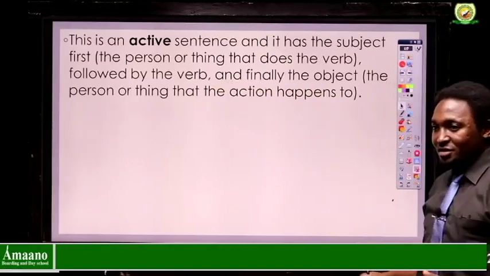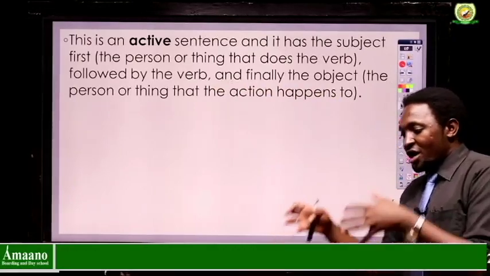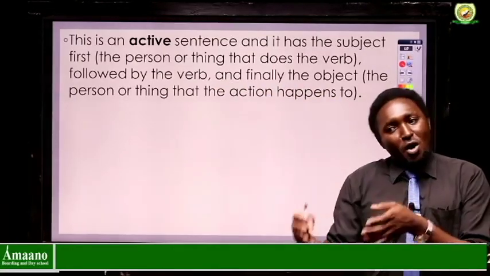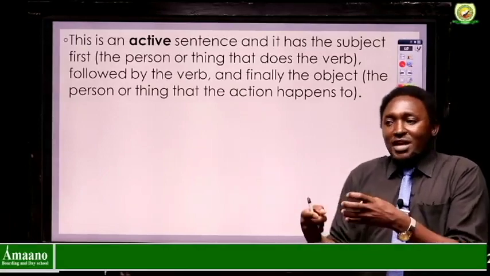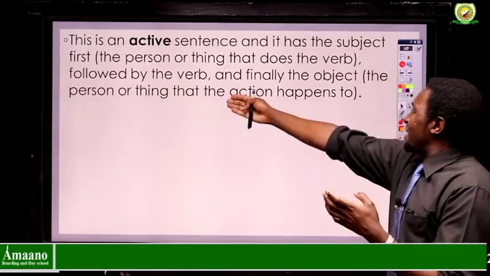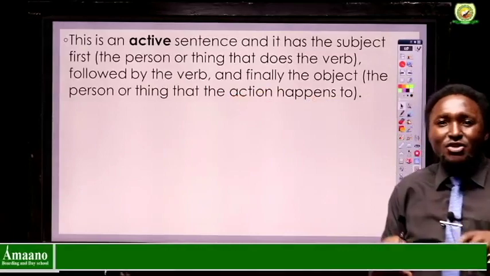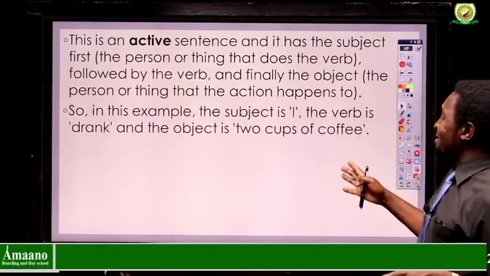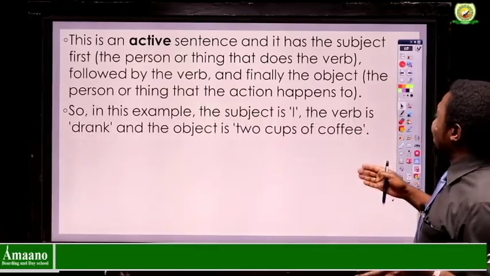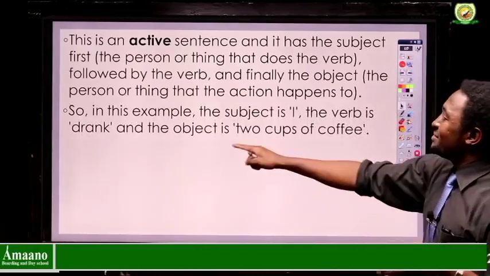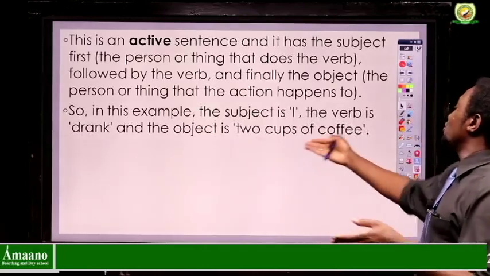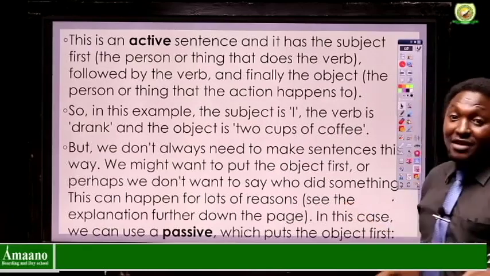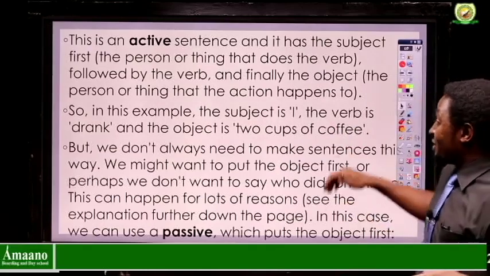He kicked the ball. He is the subject. The ball is the object. It is the thing that the action happens to, and the action is to kick. So in this example, the subject is I, the verb is drank, and the object is 2 cups of coffee.